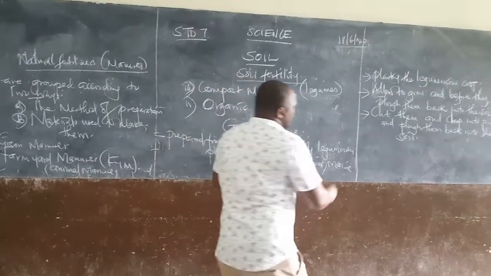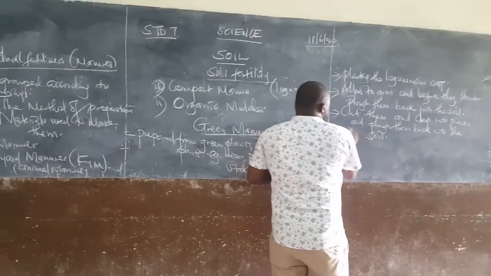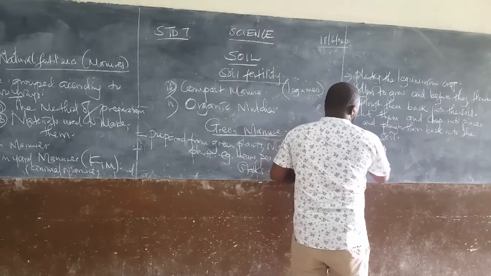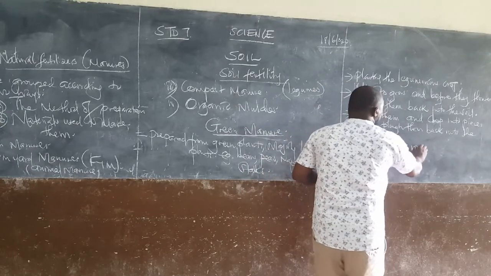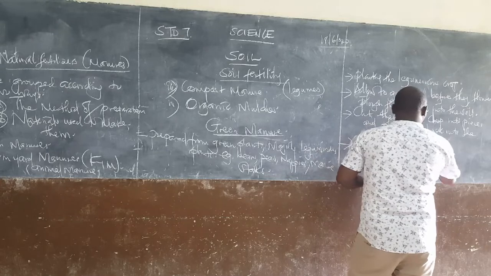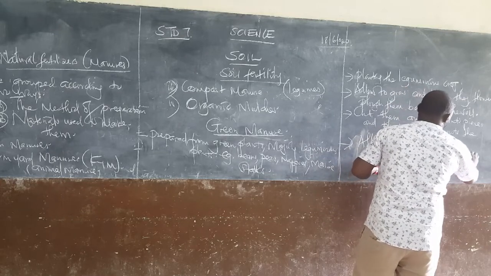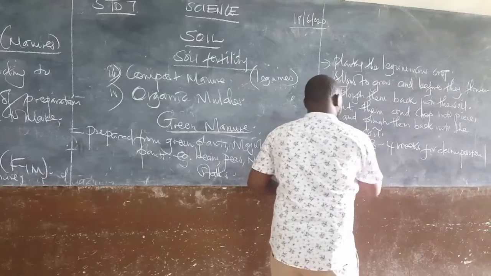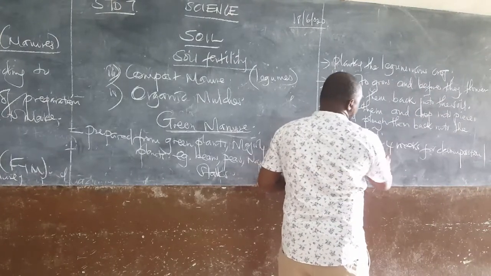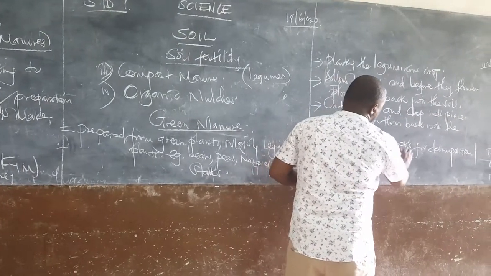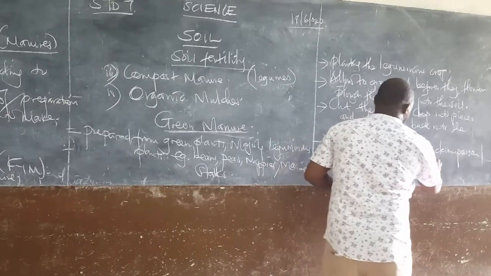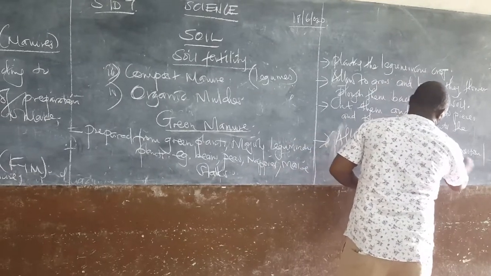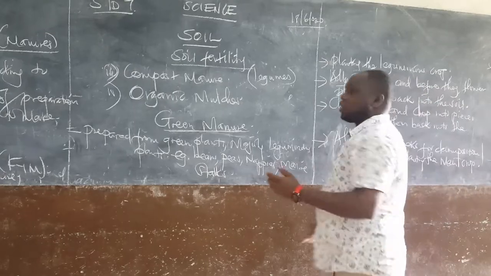After doing that, you allow 3 to 4 weeks for decomposition, or to allow the material to rot before planting the main crop. So this is what happens, Lana.